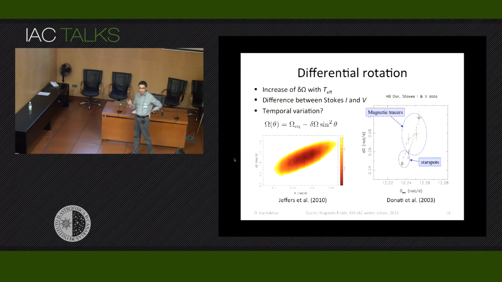The same star observed by the same people with the same technique, reconstructing maps of the surface and deriving differential rotation in different years, gave different values. Maybe that is related somehow to the long-term magnetic cycle. Again, it's not really explained at the moment. Still puzzling.